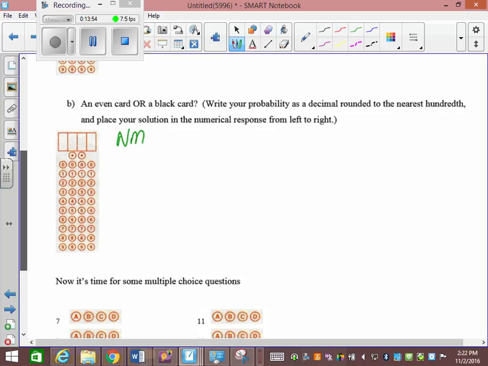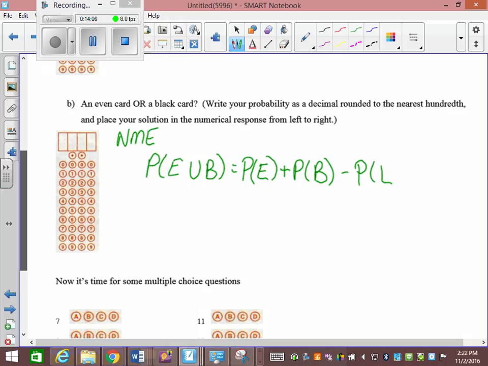Not mutually exclusive means I need to use the probability of an even or a black card equals the probability of an even plus the probability of a black card minus the probability of an even and black card. Why is that? Because you're going to count the even black cards here, and you're going to count the even black cards here. So you've counted them twice, so you have to take them off once.